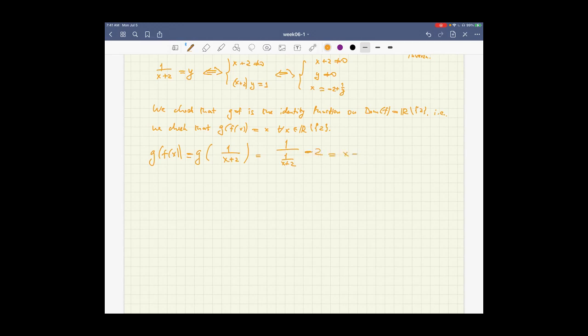So, of course, it will be x as expected. So g is the inverse, the unique inverse of f.